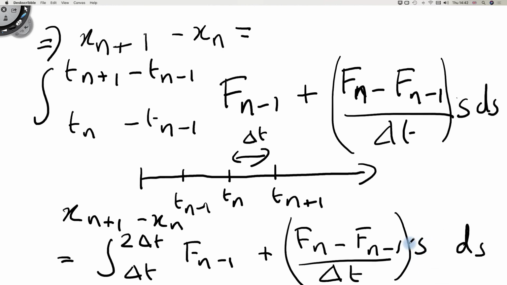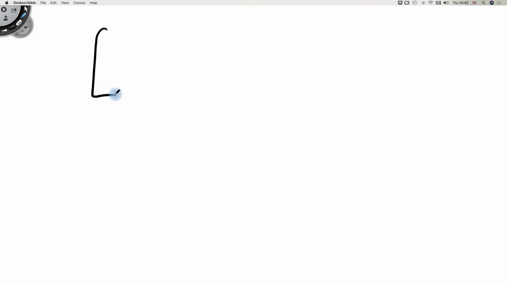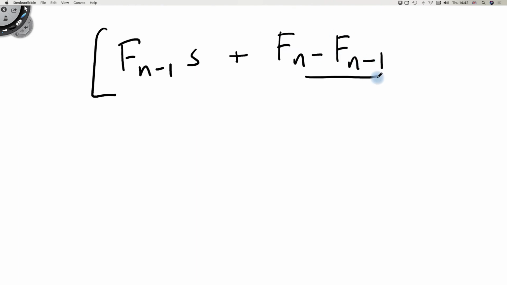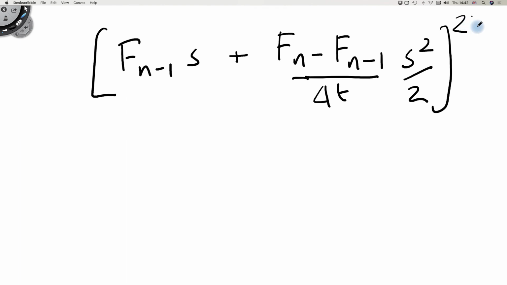It's just getting it in that form that's easy to use. So the integral becomes f_{n-1} s plus (f_n minus f_{n-1}) on delta t, and of course the integral of s we've known from a long time, it's s squared on 2, and the limits are delta t to 2 delta t.